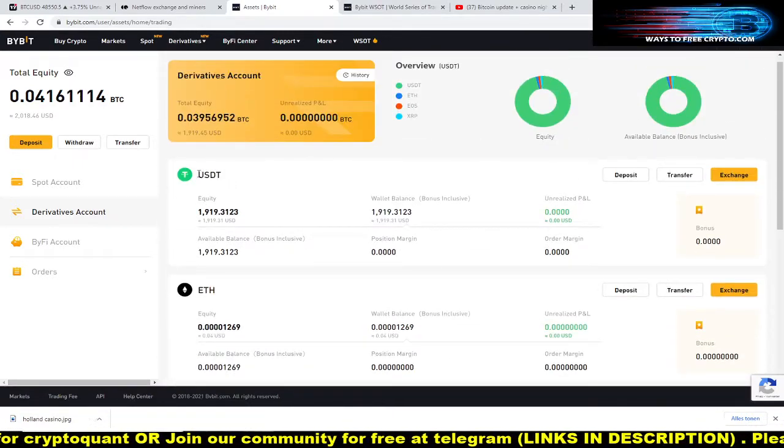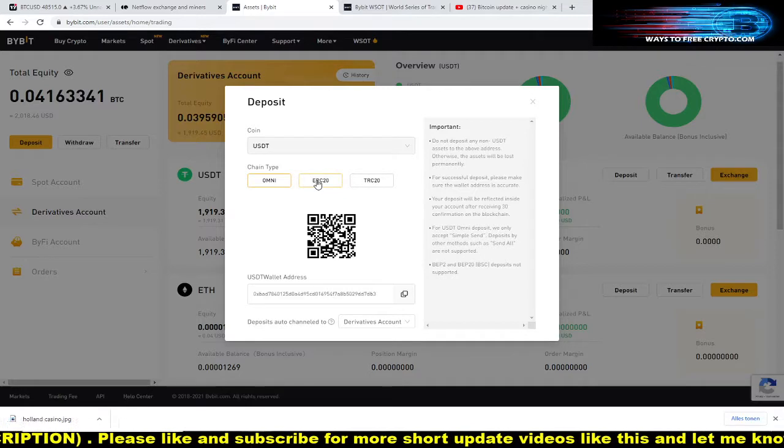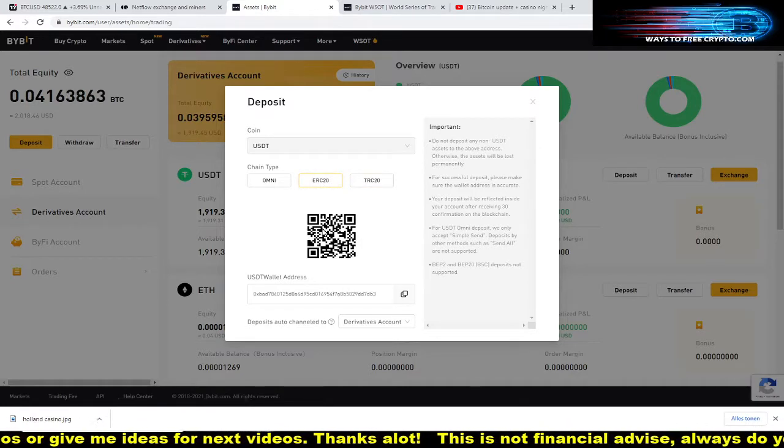So if you want to deposit USDT, then you go to the deposit address, and here you can see the chains. If you are just sending through Ethereum, then that is ERC20. If you are sending USDT, let me say from Binance to Bybit, and you use the Tron network, this is always better because it's only a $1 or $2 fee, and ERC20 is always a $15 fee.